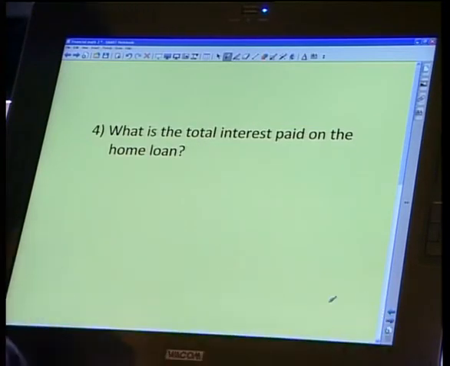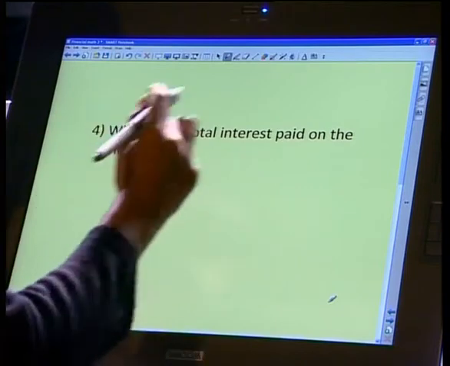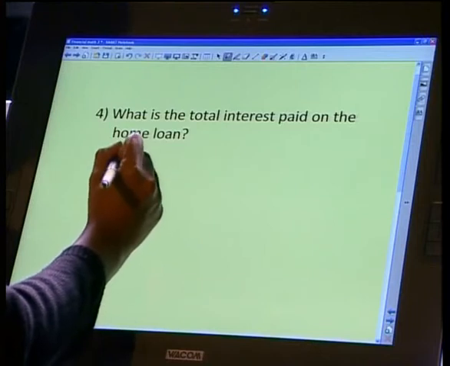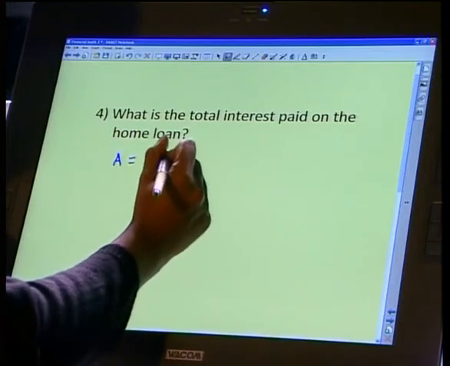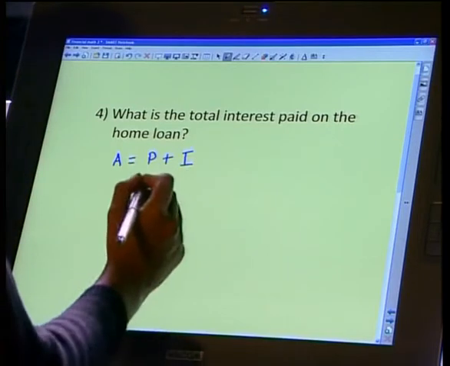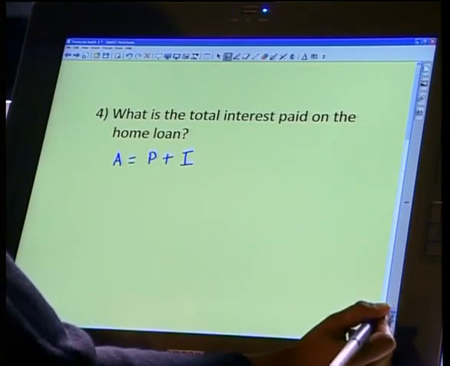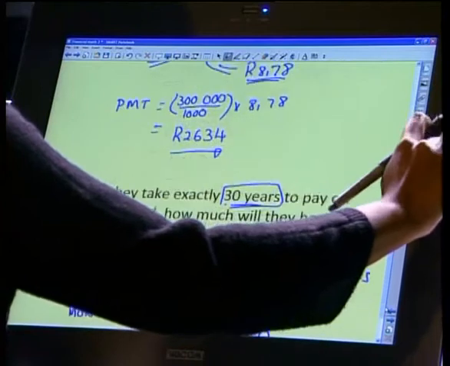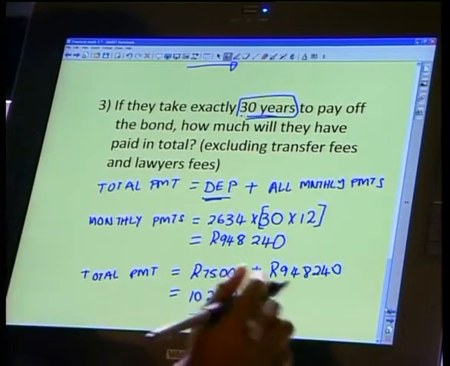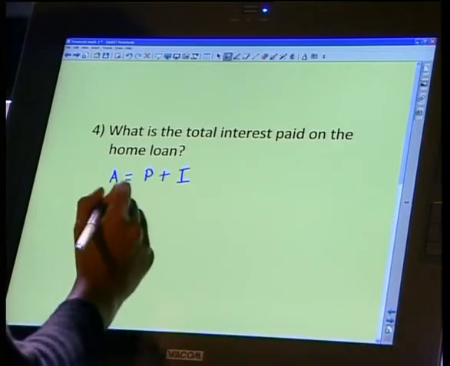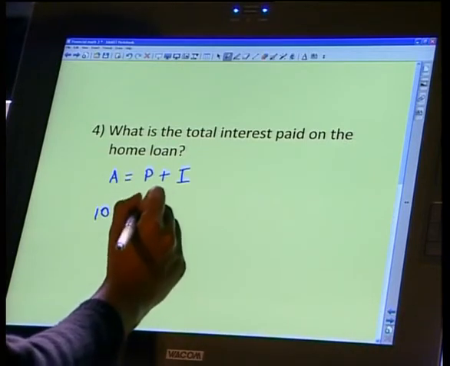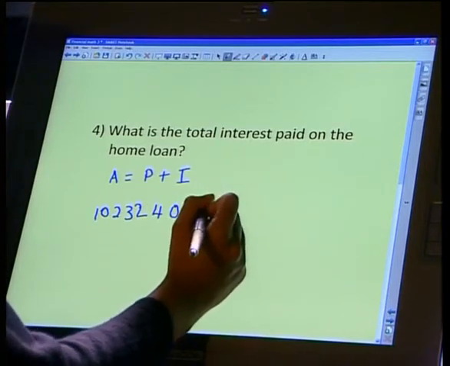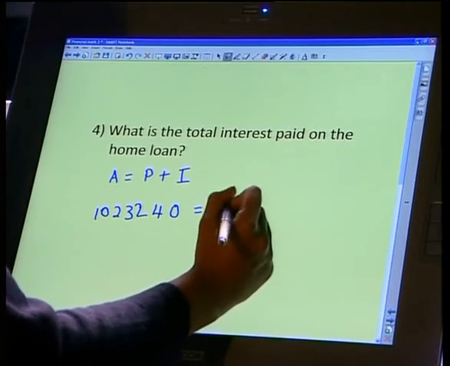Okay, the fourth part wants to know, what is the total interest paid on the home loan? Remember, the final amount is always made up of your initial amount plus the interest. So we know the final amount we've just worked out on the previous page. So it's 1,023,240 is equal to the initial value, which was 300,000.